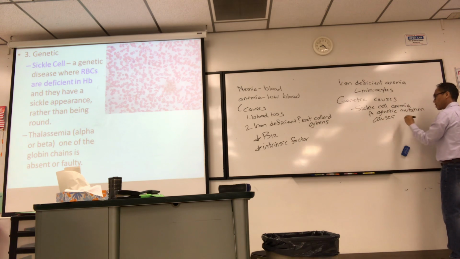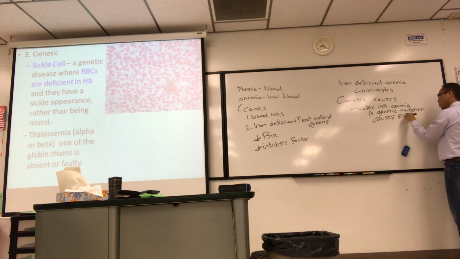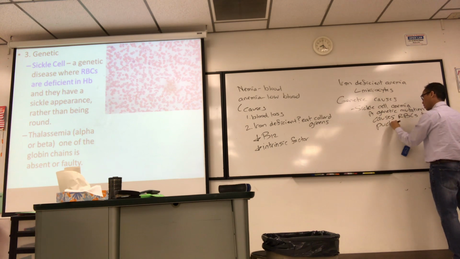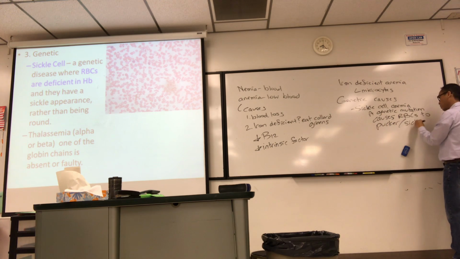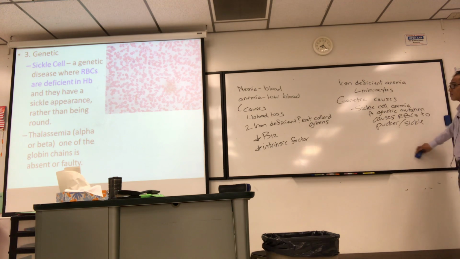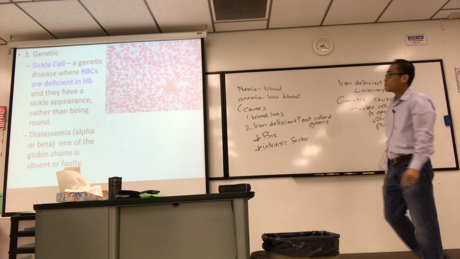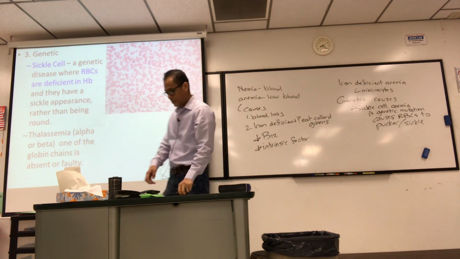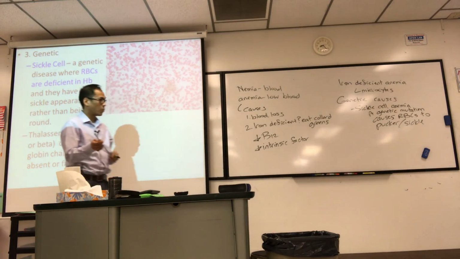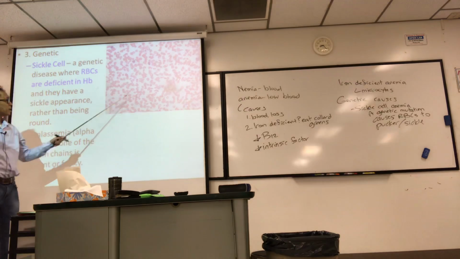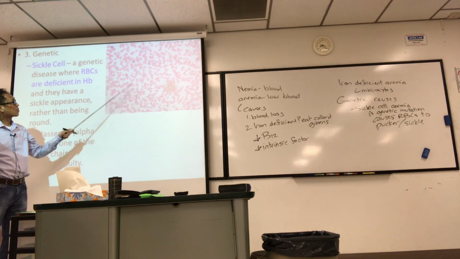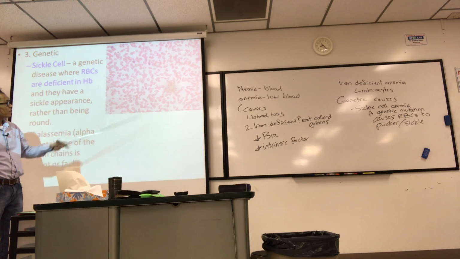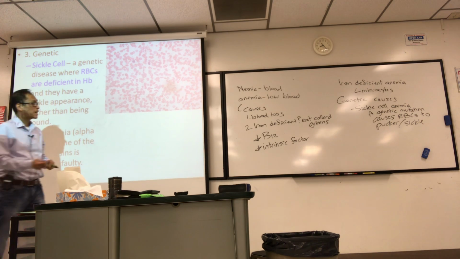The genetic mutation causes RBCs to pucker, sickle, hence the name sickle cell anemia. That first slide I showed you was a more severe case. This slide is also sickle cell anemia. I'll point to a few of those puckered cells, like these here, or that one, or that one there. You can spot them, okay?